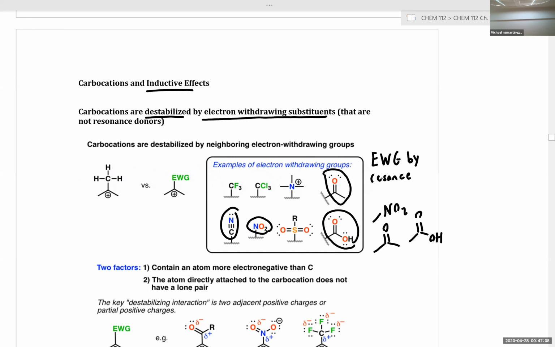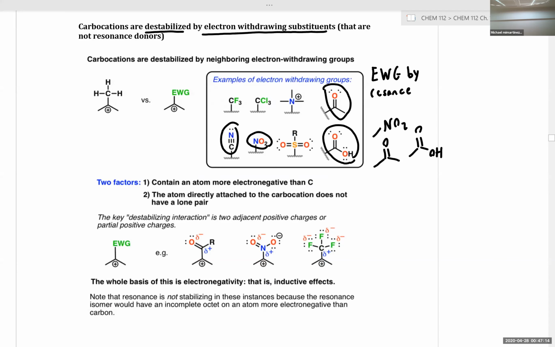Okay, so you don't want to have your carbocation adjacent to an electron withdrawing group. There are two things you want to keep in mind. You want to make sure that the electron withdrawing group has an atom that's more electronegative than carbon. And you want to make sure the atom directly attached to the carbocation does not have a lone pair. Otherwise, it can participate in resonance donation.